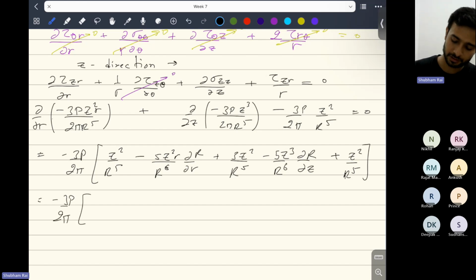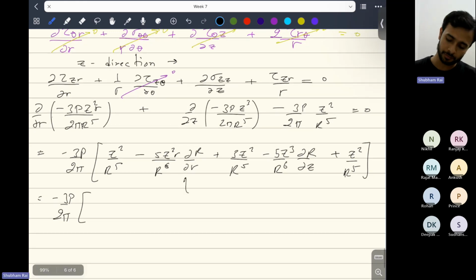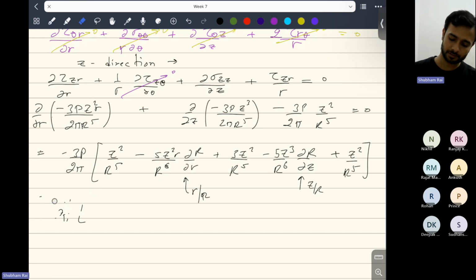So I'm just combining all the terms now. So this capital R over R will be small r over r. I'm just substituting here. So this value here will be small r over capital R, and this value here will be z over capital R. So if you substitute in the equations, let me write in the next line.